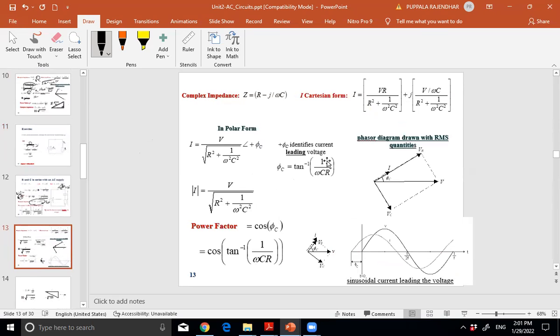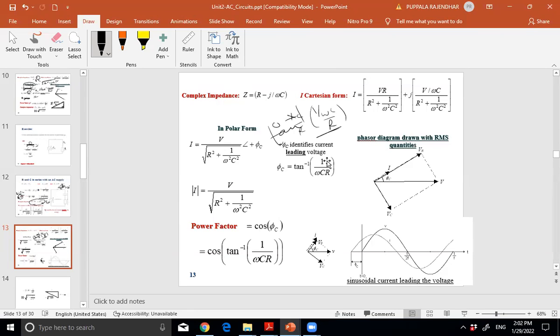So this is in the polar form. How to find the angle for a capacitor? Phi is equal to imaginary part by real part. Imaginary is XC by R, where XC is equal to 1 by omega C. So tan inverse of this gives the angle.